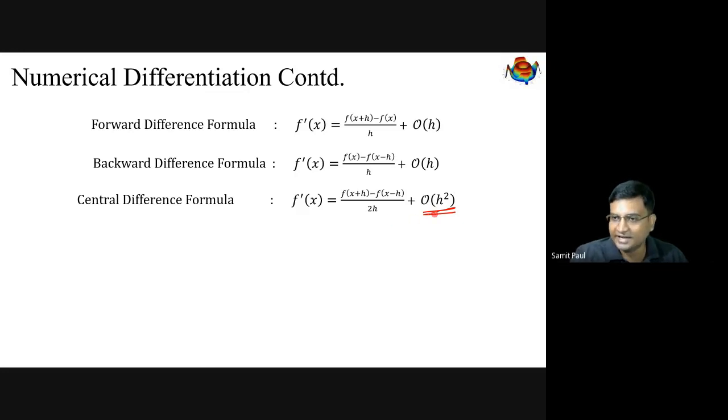So the error is decreased due to the utilization of central difference formula. So if you are going to use numerical differentiation with greater precision, you must use central difference formula. And today we are going to demonstrate all three of them.